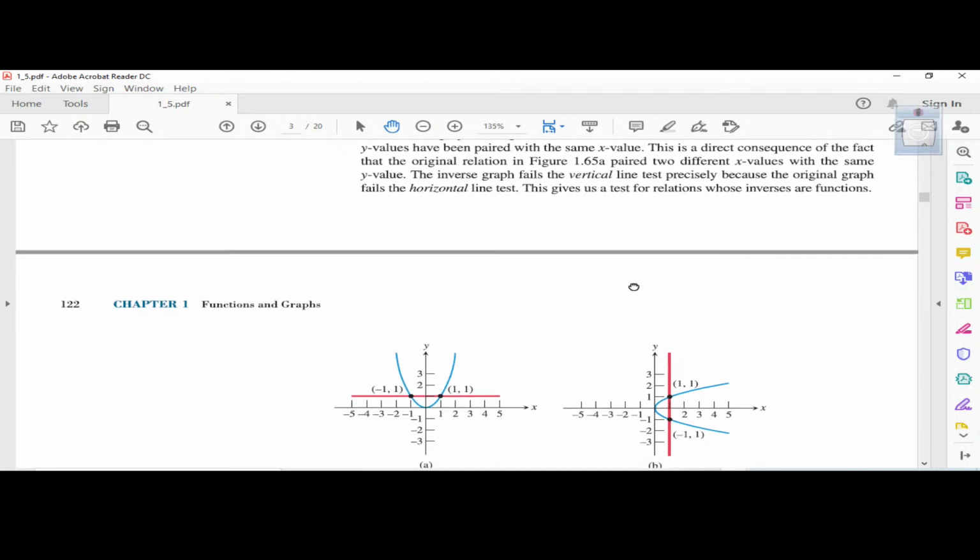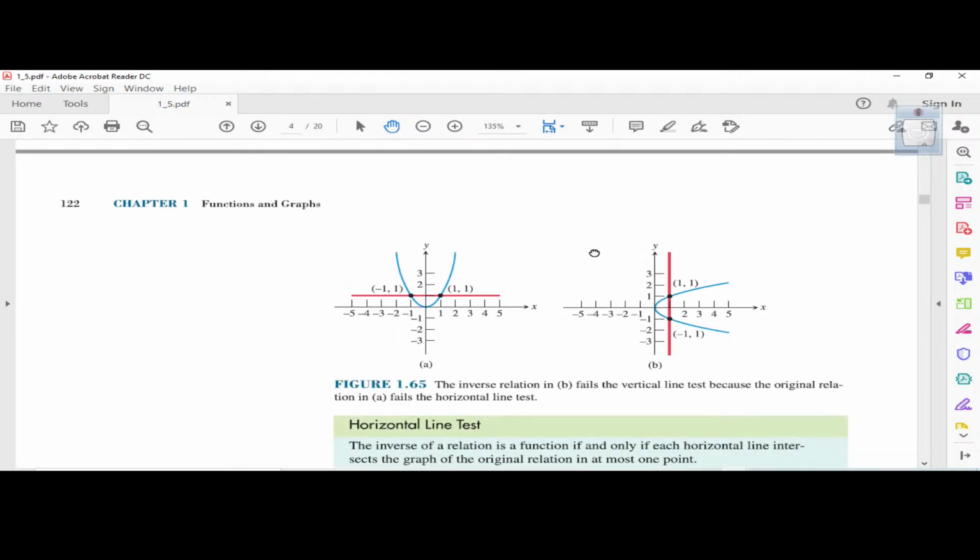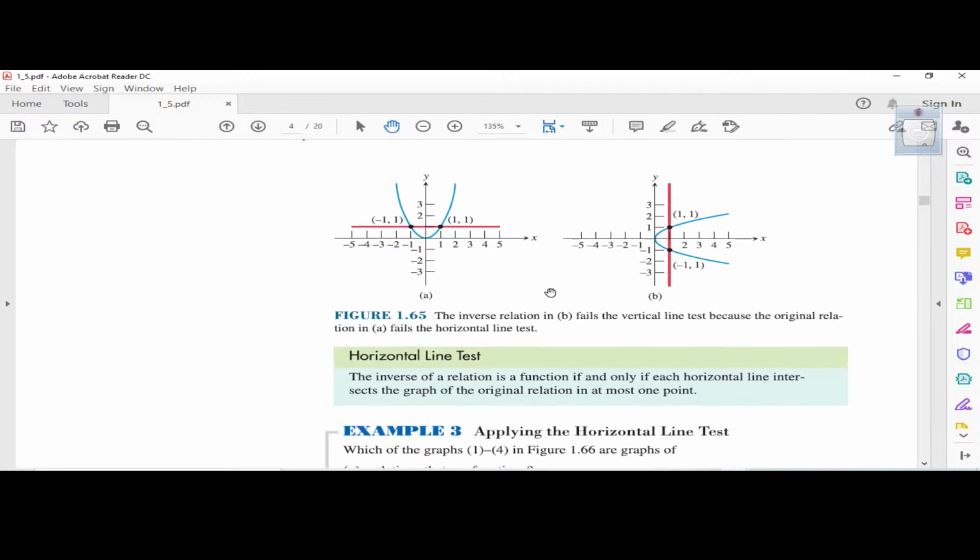Obviously this is a brief description, not the details. Another way to test is something called the horizontal line test, not the vertical. This one says the inverse of a relation is a function if and only if each horizontal line intersects the graph of the original at a maximum of one point.